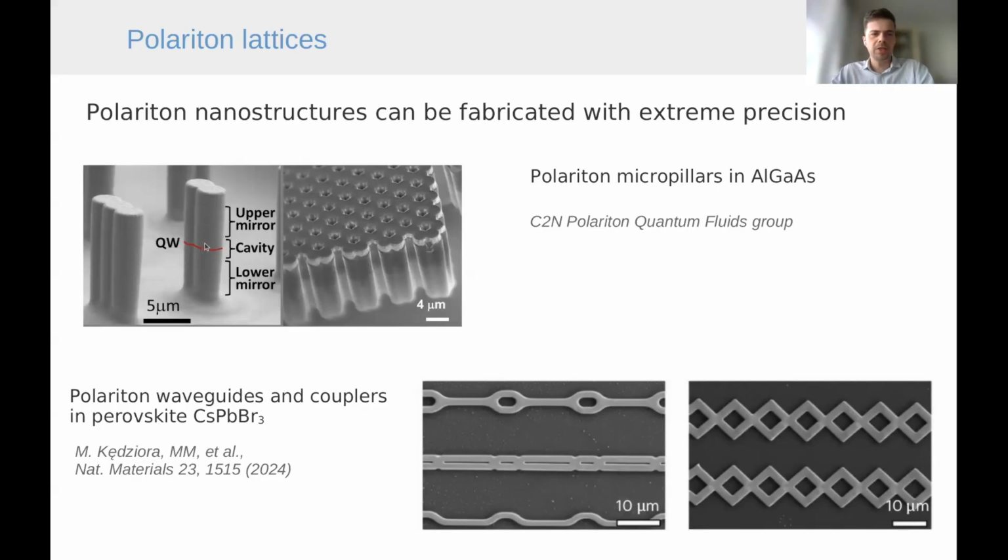What you can see here is a cavity with an upper mirror and a lower mirror, and a cavity inside and a quantum well inside. In each of these micropillars you can have polariton modes, and they can be placed in any way you want, producing even such a lattice structure and creating in this way an interesting system for investigations.